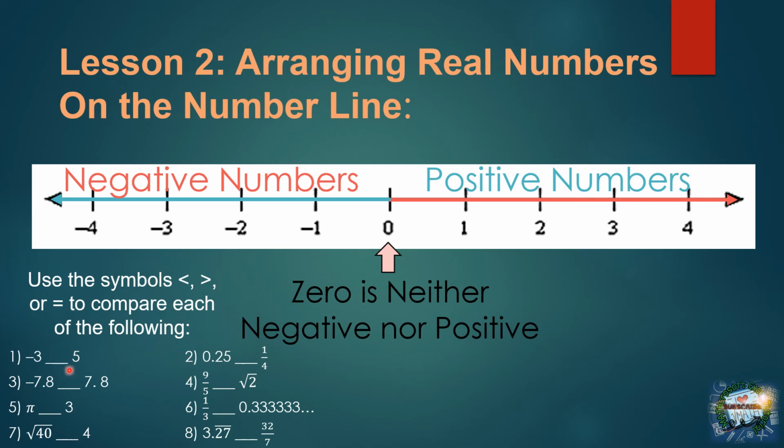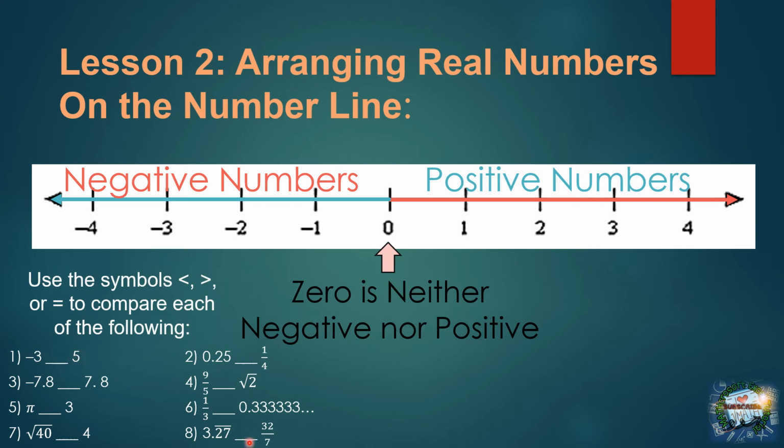So, this time, let's have negative 3 and 5. Ano ba mas mataas? Andito yung negative 3, yung positive 5 nandun pa sa kanan. Di ba sinasabi natin, lahat ng nasa kanan niya ay mas mataas sa kanya. So, meaning, yung 5 is greater than negative 3, or in other words, negative 3 is lesser than 5.